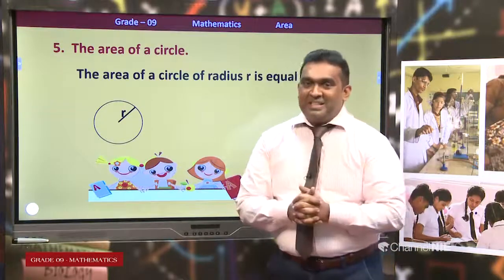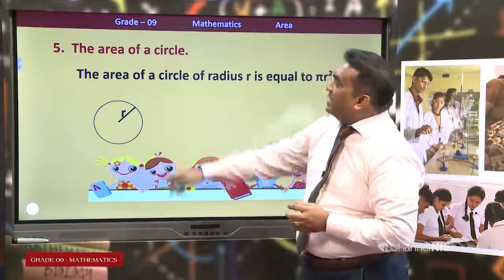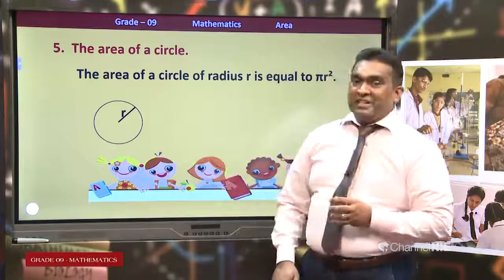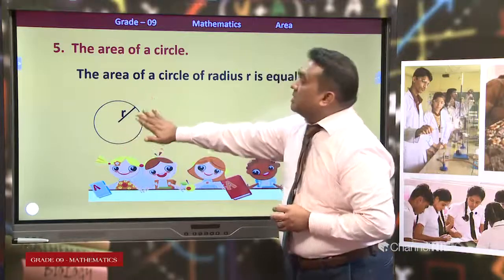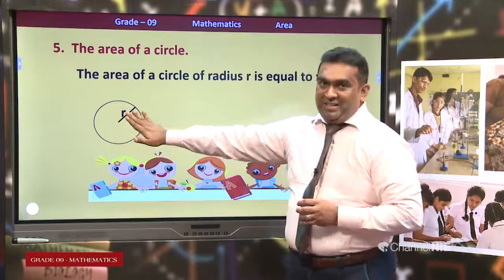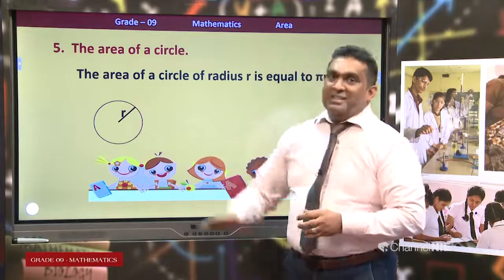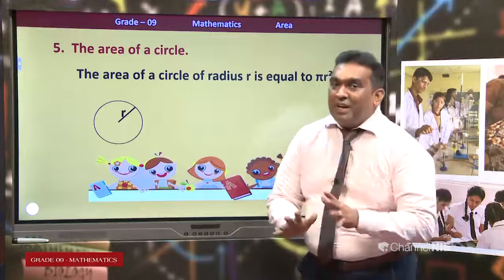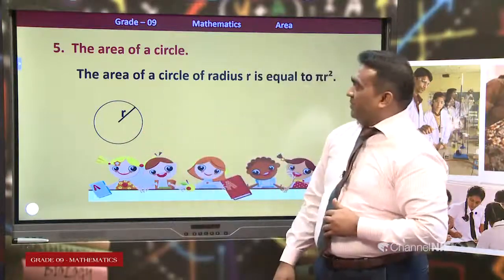Different concepts in grade 9 circle. Here we are going to consider the area of a circle. The space taken by a circular shape is called the area of a circle. We want to find out the space taken by this plane figure.